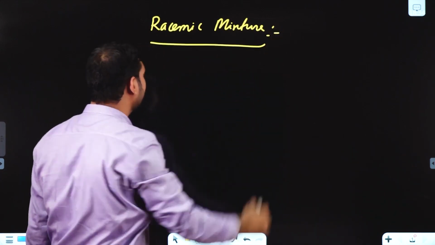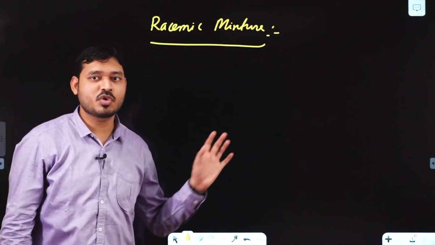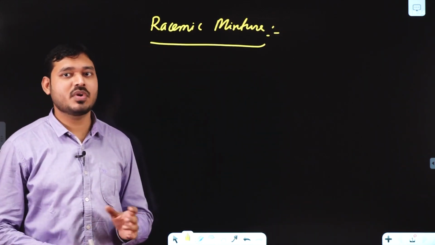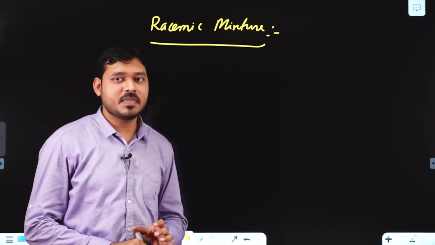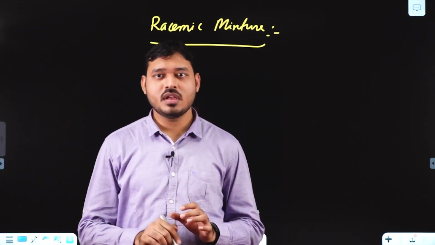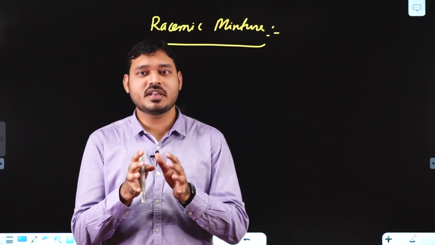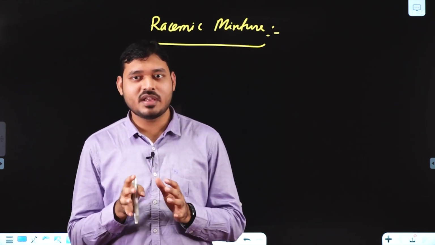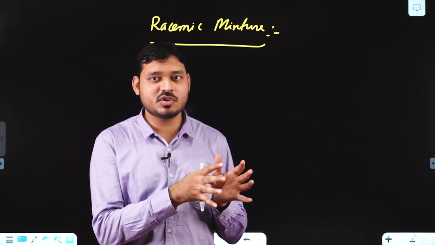Racemic mixture. Now let's understand one more concept. Racemic mixture. What is this? See what happens if we have one compound which is optically active, okay, and we have drawn its mirror image also.